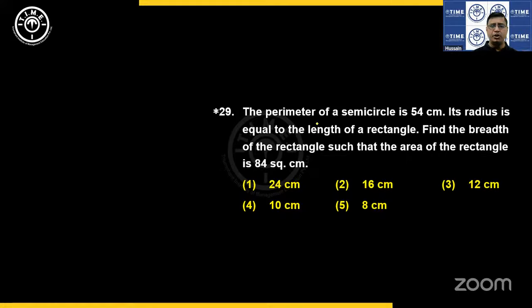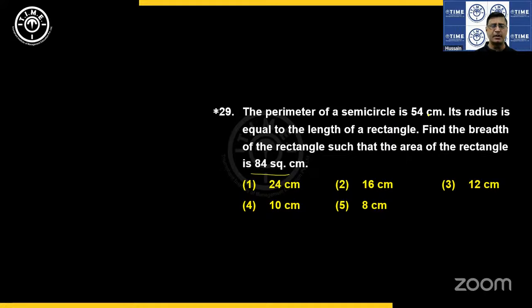The perimeter of a semicircle is 54 centimeter. Its radius is equal to the length of the rectangle. Find the breadth of the rectangle such that the area of the rectangle is 84 square centimeter.